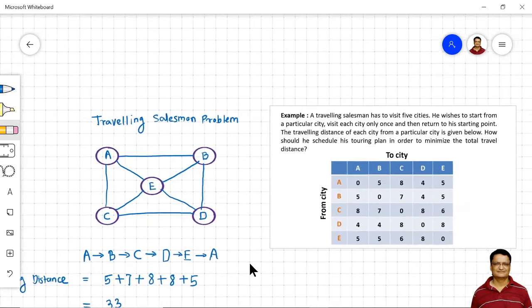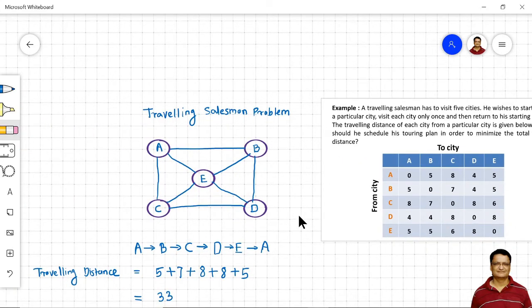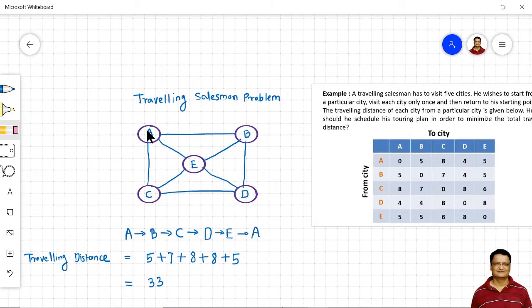So let us assume that he takes a random path and he starts from A, goes to B, then goes to C, D and E. And the distance between all these cities is given in this table. The distance between A and B is given as 5.